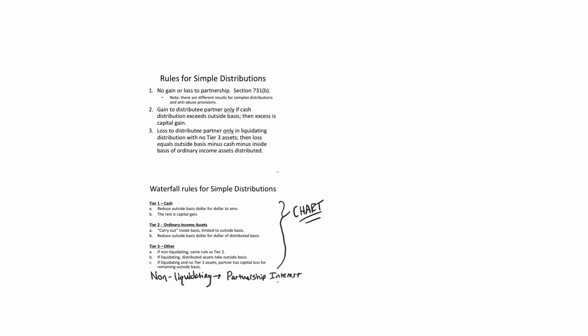Now, keep in mind, there's no gain or loss to the partnership. You can only have gain to the partners. So right there, we know, okay, because it's a pro rata distribution, this partnership in this problem, Edible Arrangement, LLC, under Section 731, reports no gain or loss.